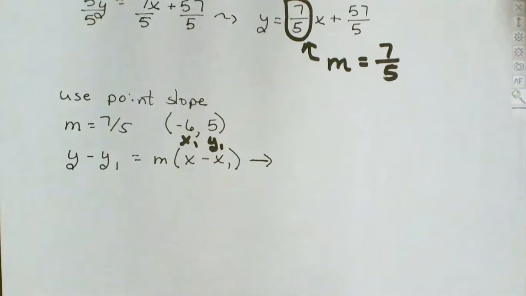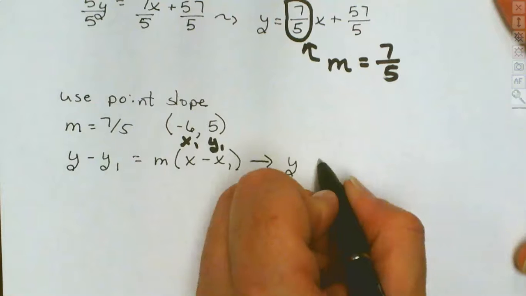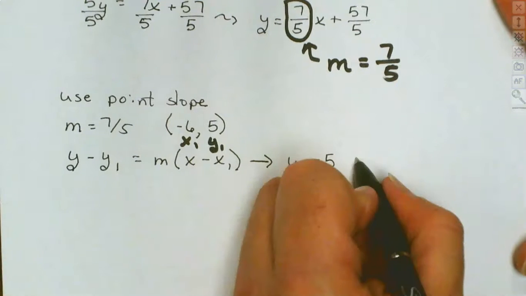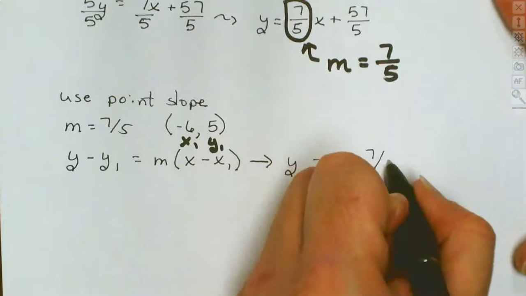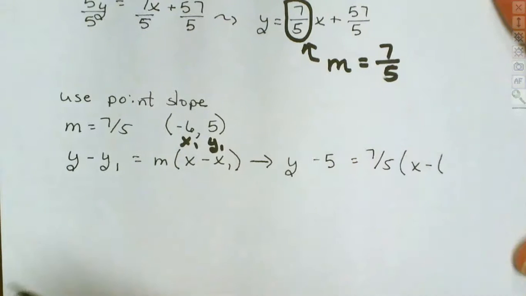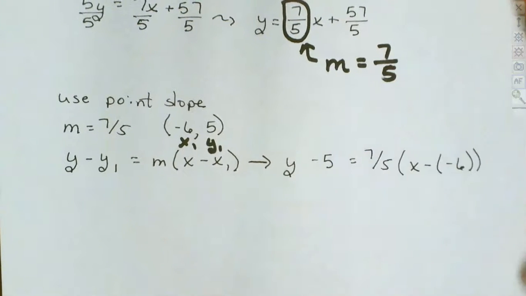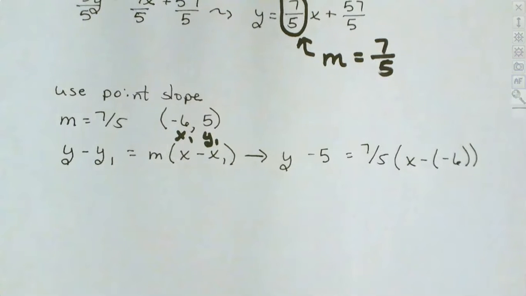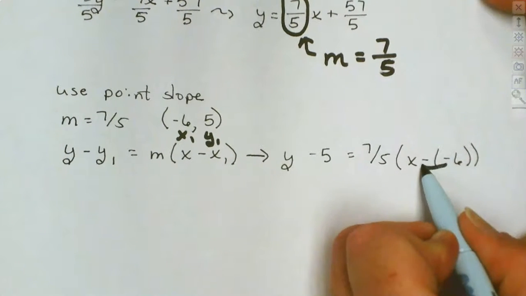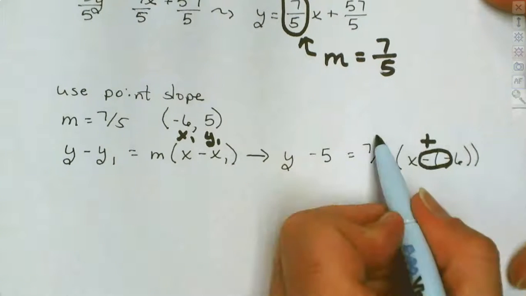Watch out for double negatives. And that is then y minus 5 equals 7/5 times x minus a minus 6. So you've got to be careful about the double negatives there. That's where students make a mistake, is right here. So this double negative right here, that makes that positive.